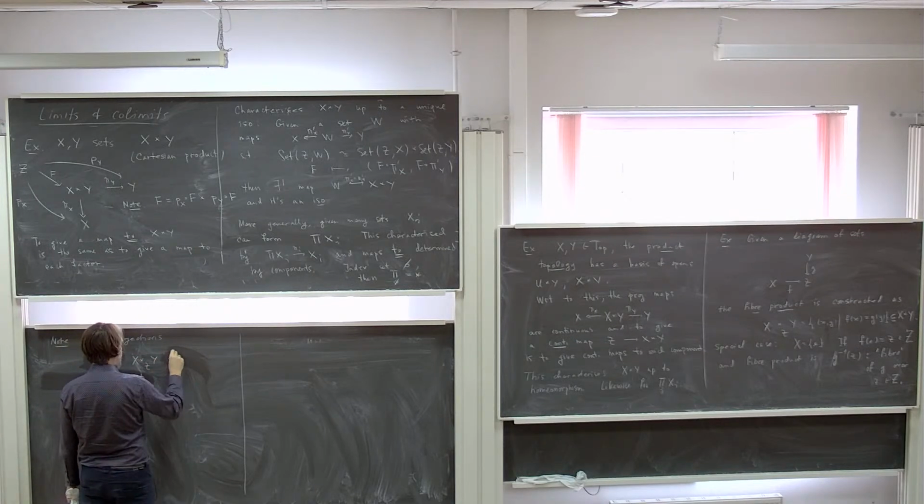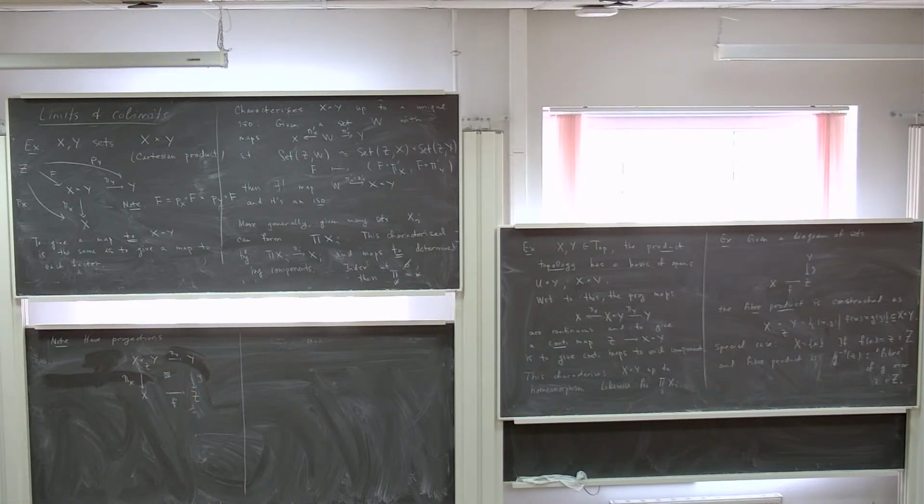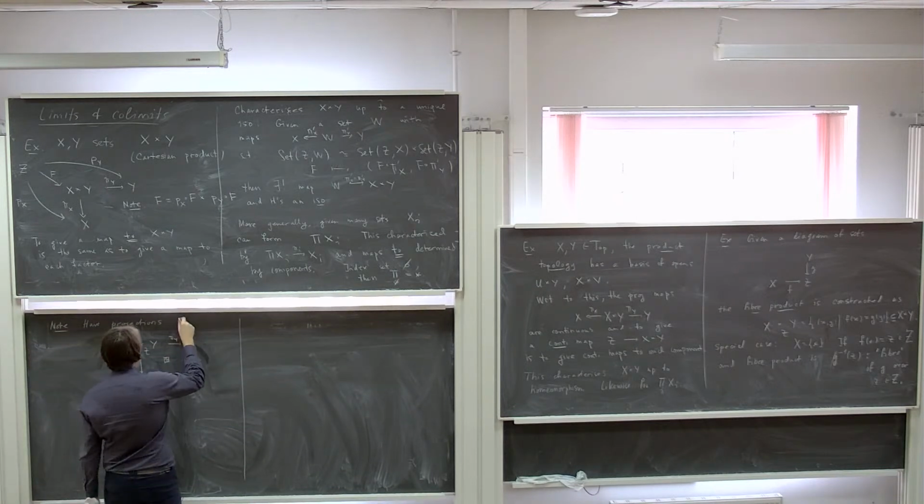They're not just projections, but if I go around this square in the two different directions, it commutes. I could go around this side or that side, and I get the same map from the fiber product to Z by definition, or by construction. So we get projections forming a commutative square.